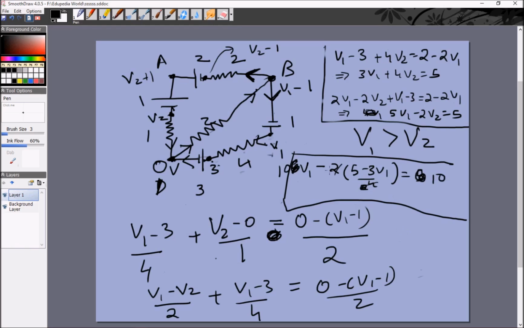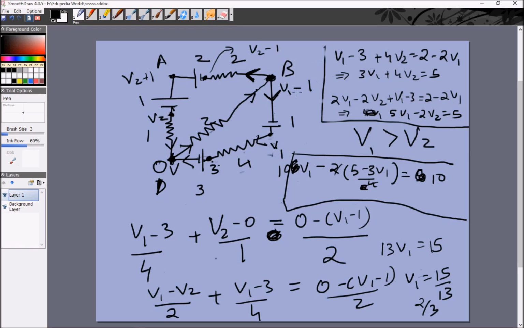So what I'll get is 10 V1 and 3 V1, so 13 V1, and minus 5 will go there, so plus 5 is equal to 15, or V1 is equal to 15 by 13. The potential of this was assumed to be 0, and the potential of this was assumed to be V1 minus 1, so that will be 2 by 13. And as it turns out, 2 by 13 is the answer.